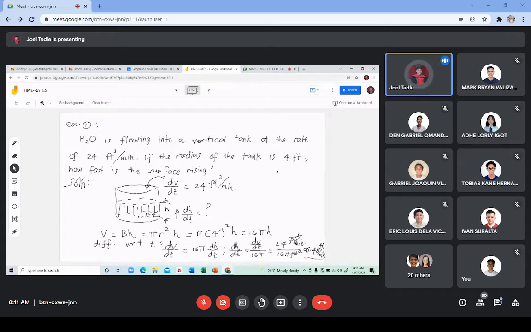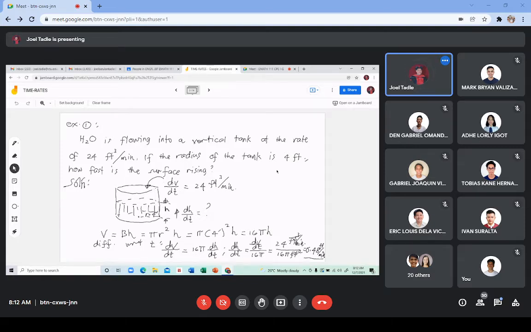The next step, we differentiate with respect to time t. So the derivative of volume V with respect to time t is dV over dt. Then the derivative of 16 pi h: 16 pi is a constant, so we move it out. Then the derivative of h with respect to time t is dh over dt.